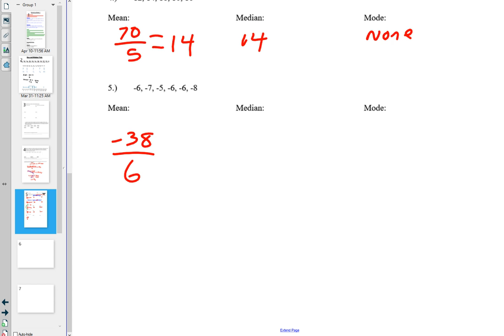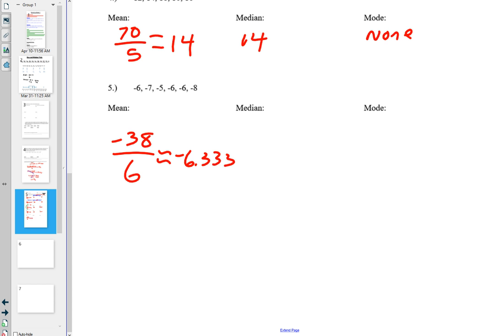And this should have to be rounded. 19 divided by 3. That's negative 6.33333. What's the median?